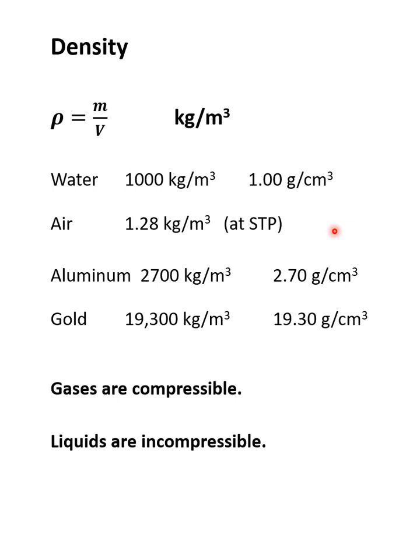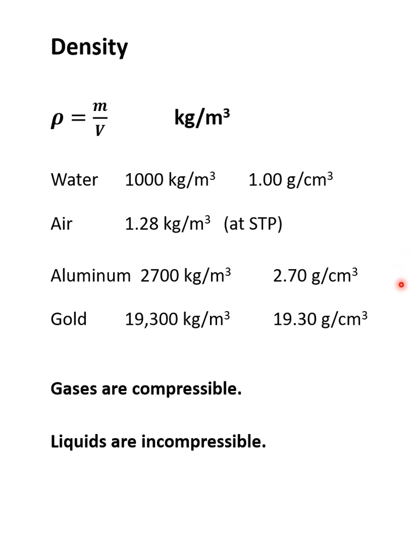Now I've written there, it says at STP, that means at standard temperature and pressure. Because as the temperature of a gas changes, as the pressure changes, it's going to have a different density. And we'll talk about that later on. But for standard temperature and pressure, which is 0 degrees Celsius and 1 atmosphere, there's the density of air.